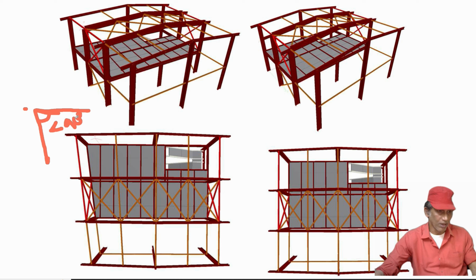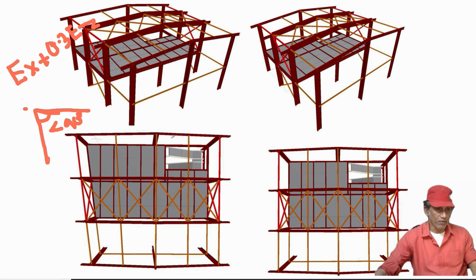It is not orthogonal. So for these buildings, we have to consider 30% of seismic load from the other direction. For example, if the main seismic load is in X direction, we will have EX plus 0.3 EZ for STAAD Pro, obviously.